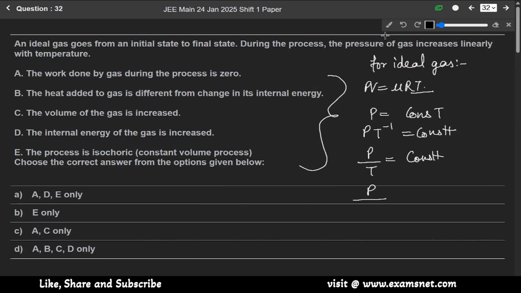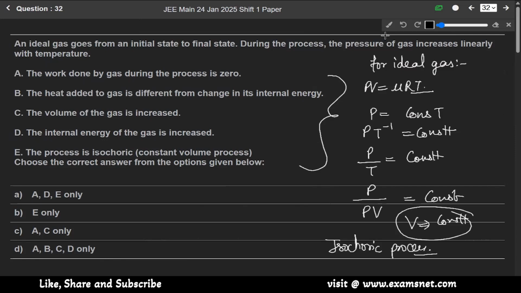Means P over PV is equals to constant. This implies that V is constant. So whenever V is constant, it is an isochoric process. So option E, the process is isochoric constant volume process, this one is correct. Okay. And in this case, for an isochoric process, we know that the work done by the gas will be 0.